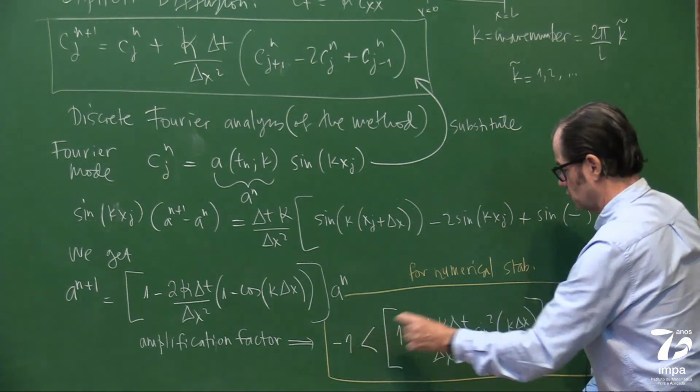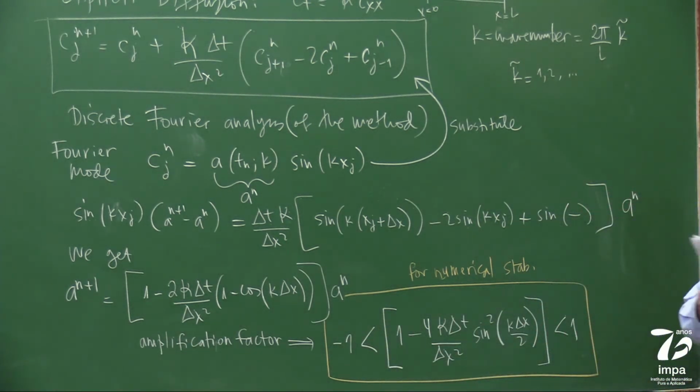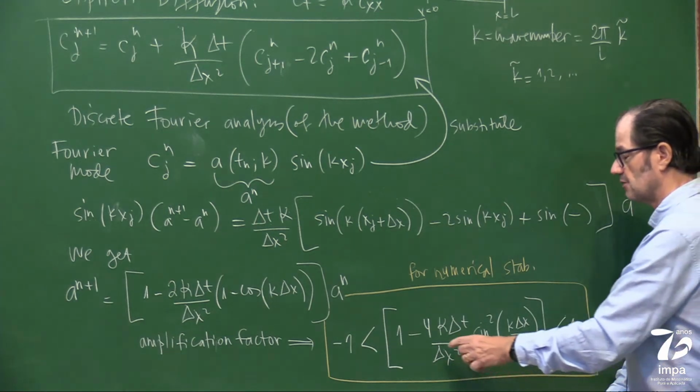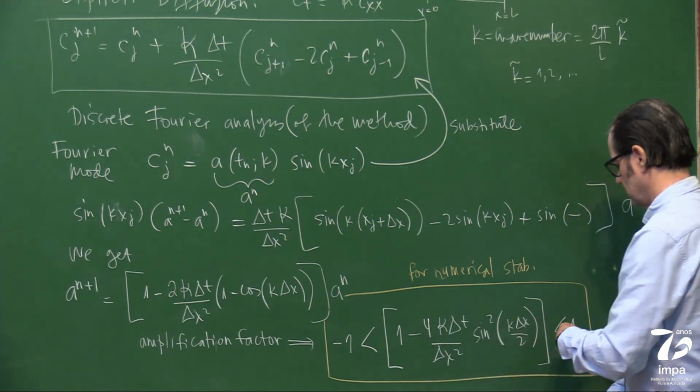So by controlling this and that, we get this guy here to be smaller than 2, because if it's 2 it would then be 1, and so on.